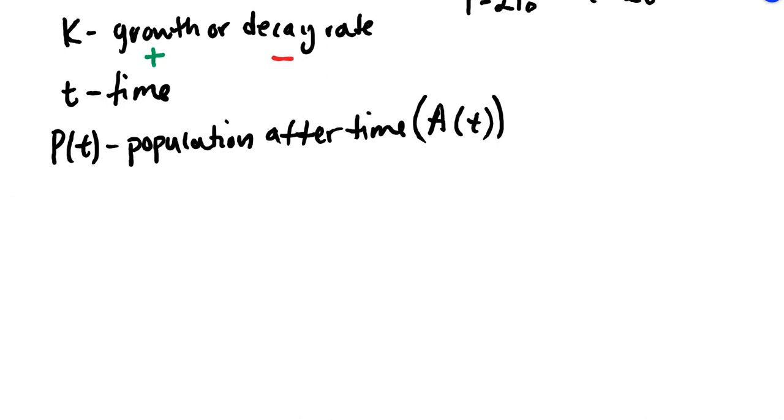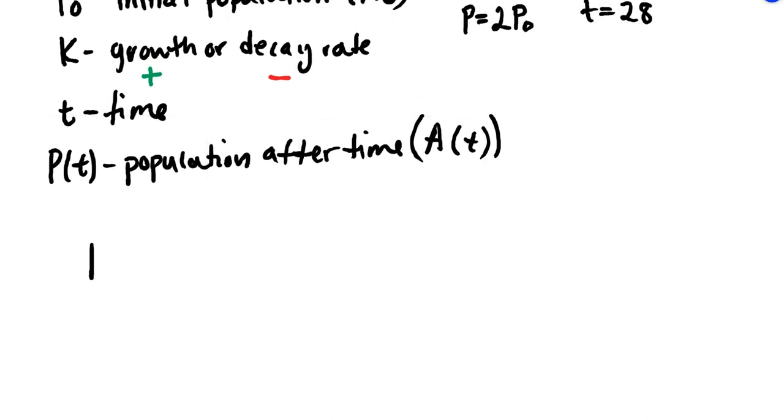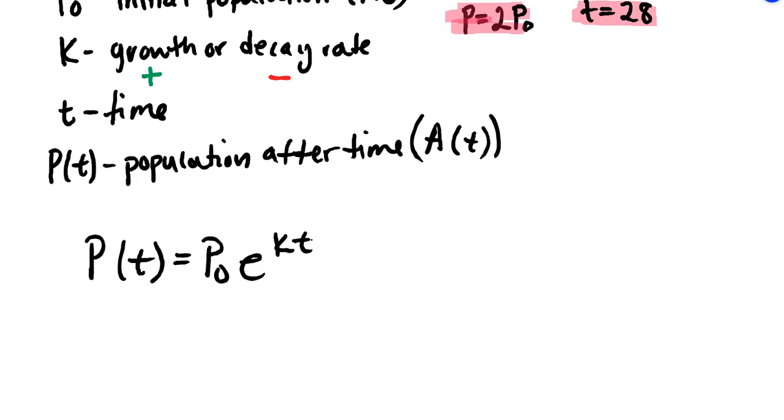So we have our formula, P of t equals P0 e to the kt. And with just using these two pieces of information about 28 months and the population doubling, I would be able to substitute 2 times P0 in for P, leave P0 here, and substitute a 28 in for time.